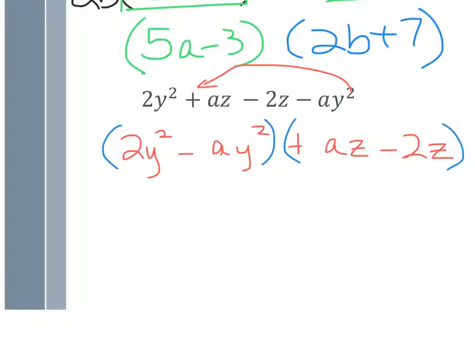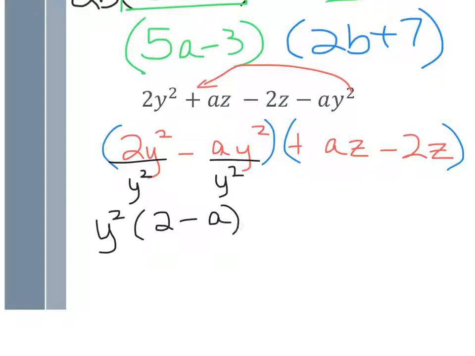All right, so now, what is my greatest common factor of my first group? Y squared, right? So divide both of them by y squared. This becomes 2 minus a.